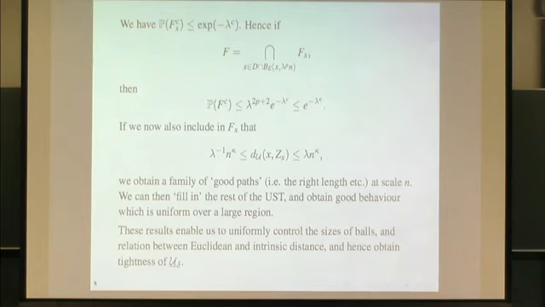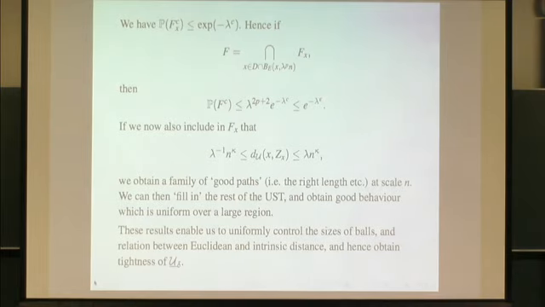The number of those points in this intersection is about lambda to the p, and so we get a bound on the probability of F complement of this kind, lambda to some polynomial, e to the minus lambda to the c, so bounded by e to the minus lambda to the epsilon.